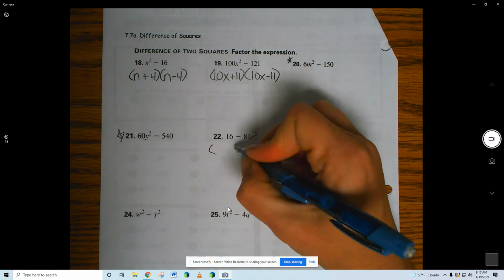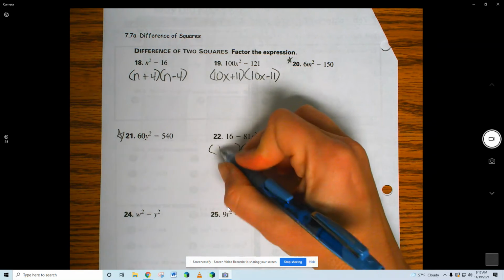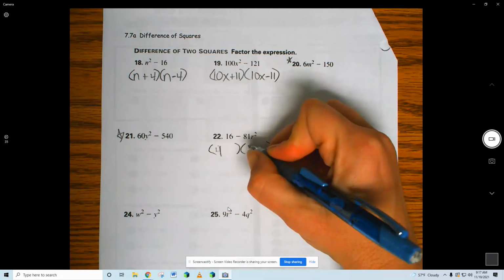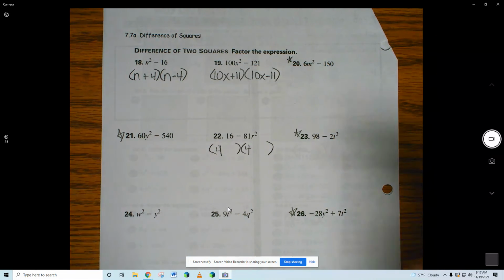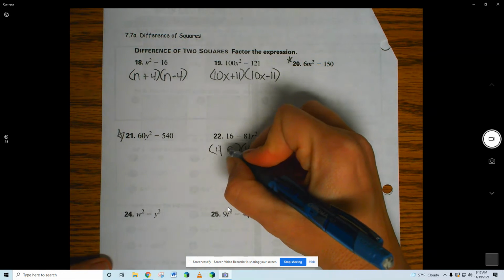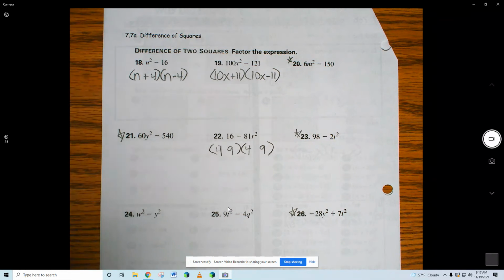Okay. What makes 16? What makes 81? Be careful where you put the 9 because I still have to fit in an R. Leave a little bit of space, please. What makes R squared?